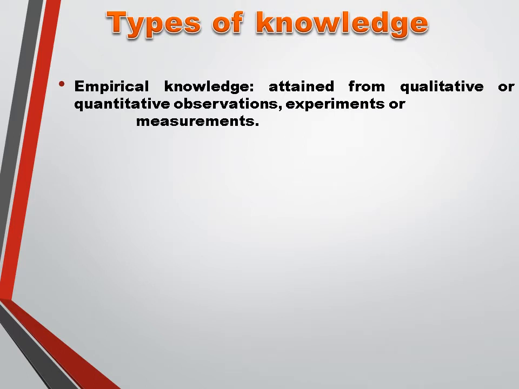But for empirical knowledge, we build up the knowledge just by the sense organs. Whatever we experience through our sense organs, we develop our knowledge based on that. Empirical knowledge cannot be metaphysical, it cannot be reflective like posterior knowledge.